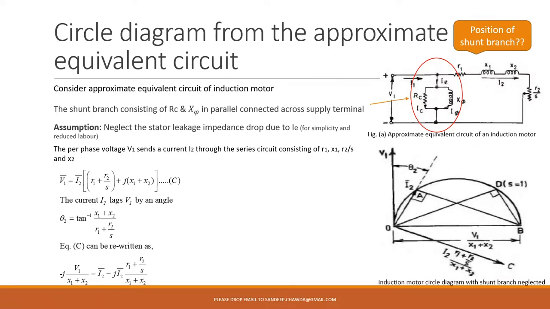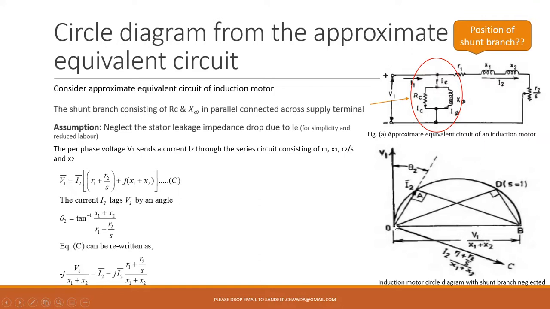So you have this circle diagram. You have to take V1 as the reference. From V1, at an angle of theta 2, you will have I2. Before that, you can draw this current component if you want; otherwise you can draw it after. This current will be lagging V1 by 90 degrees.